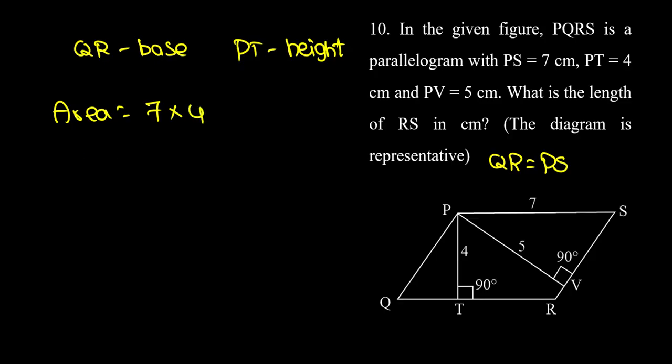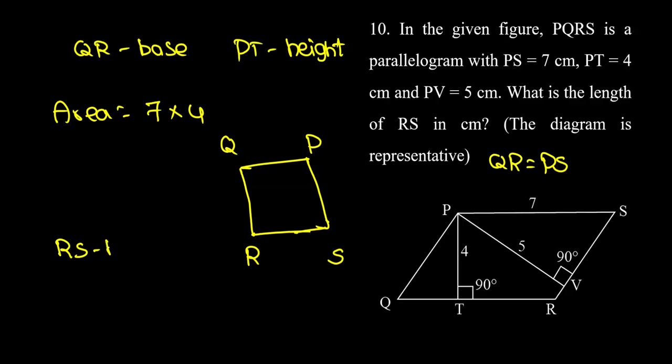Now listen, RS and QP also form a parallelogram. If you just turn the same diagram, then the base here is RS, and the height is PV.